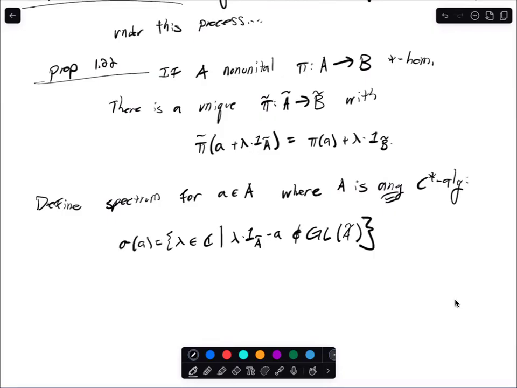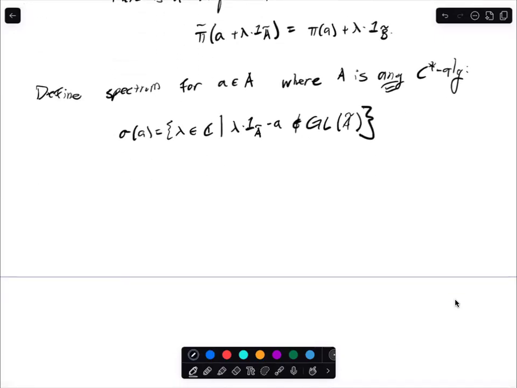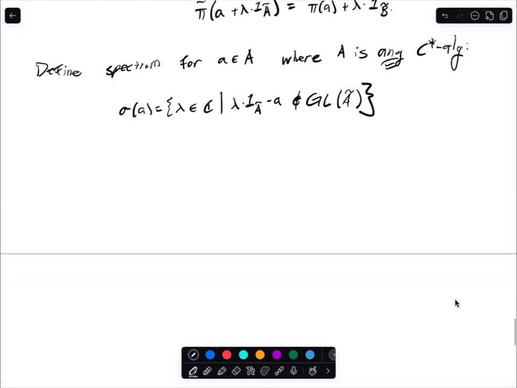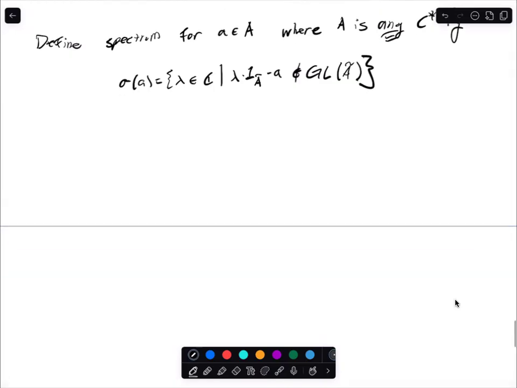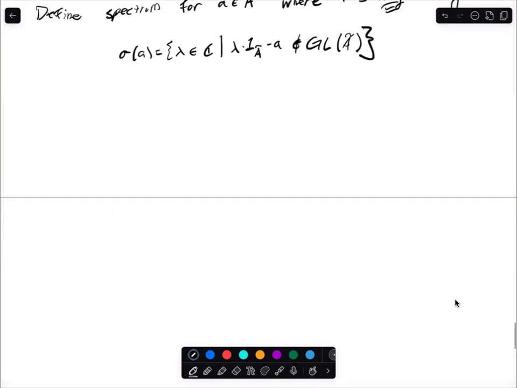Okay, in the last few minutes, I want to try and return to the C-star norm and see a couple of extra implications that we have now that we've developed a little bit of machinery and related the spectrum of an operator in a C-star algebra to some more analytic features.